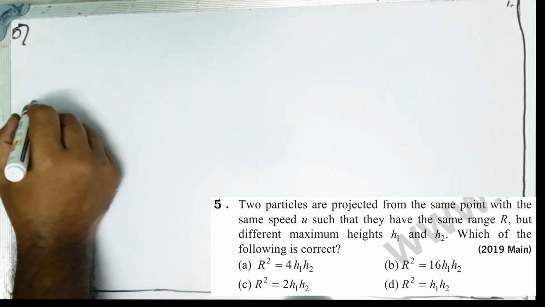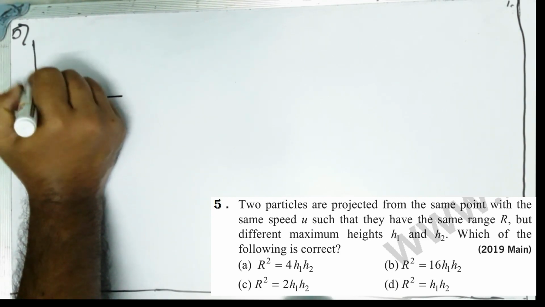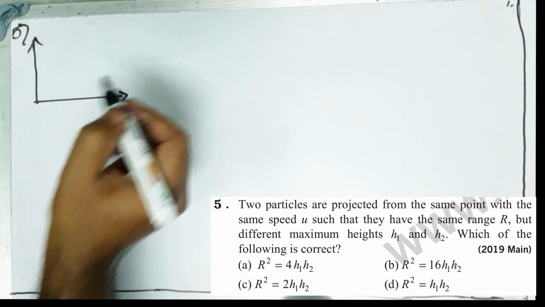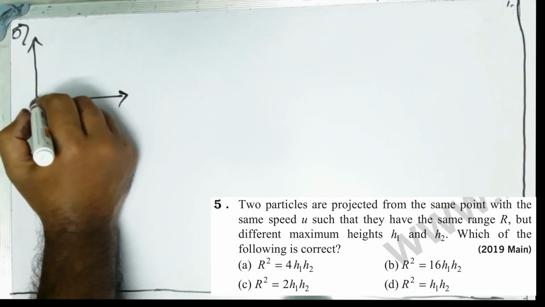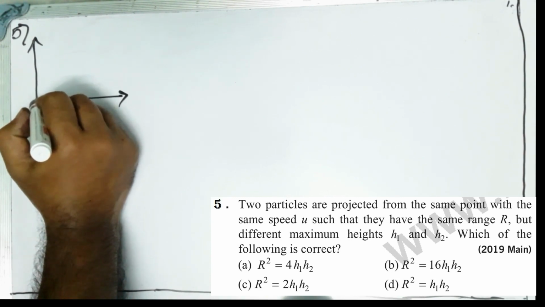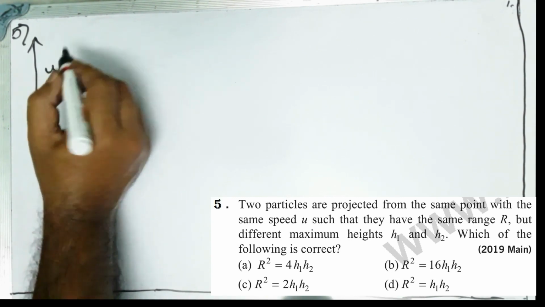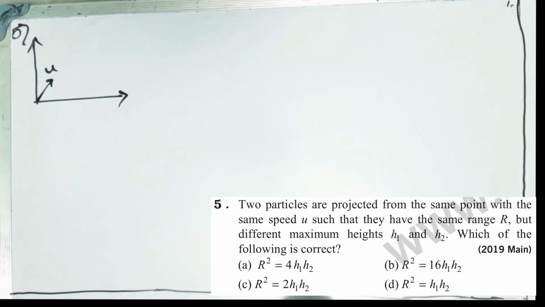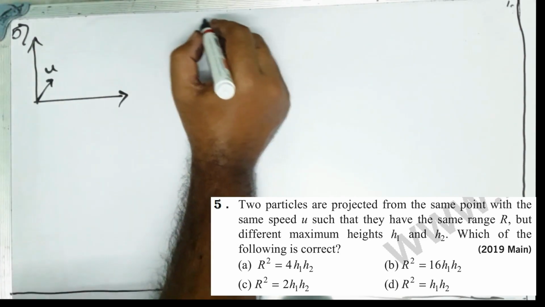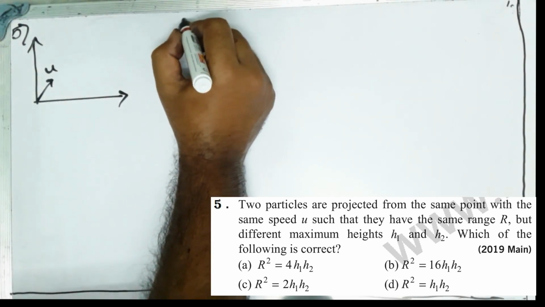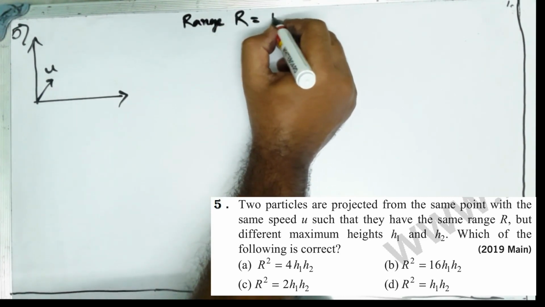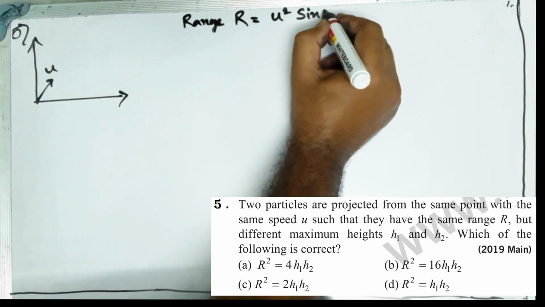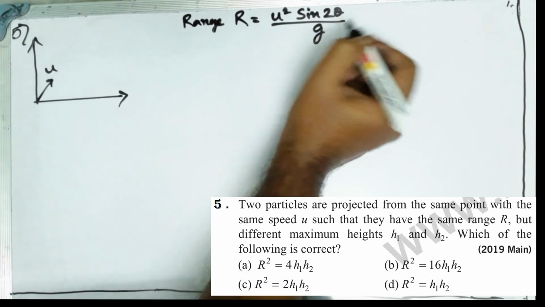So, two particles are projected with the same speed, the initial velocity is the same, both are u, and they have the same range R. We know that the formula of range is capital R equals u square sine 2 theta by g.